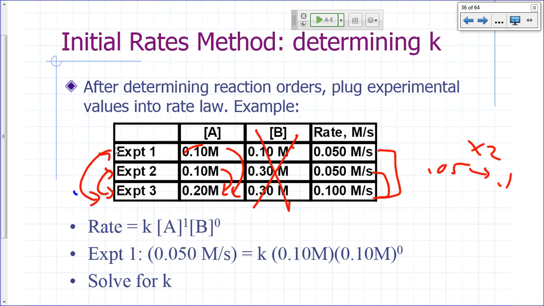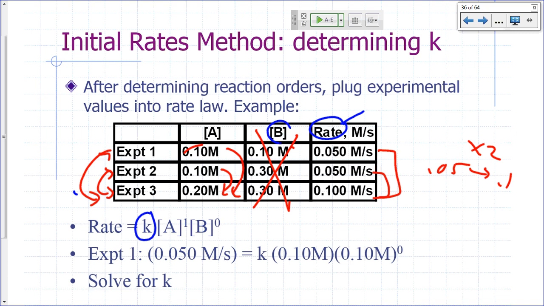So one last step in determining the rate law is to determine what the value of this K is, this rate constant. So how do you figure out that rate constant? All you have to do is go back to your data and plug in the numbers. So your initial rate, by the way, these are initial values, okay?